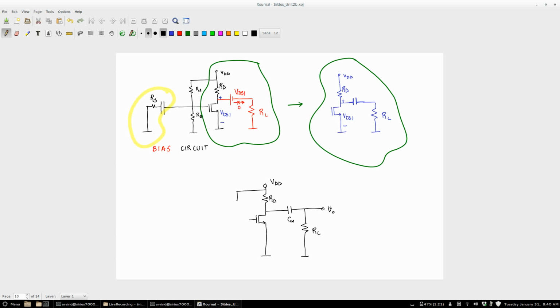Then I have one capacitor C infinity, and then I have my R. Where do I put it? Across all. And then what's on the side? On the input side, I have my bias, I have my voltage divider, that's my RA, that's my RB, and then that is VS.